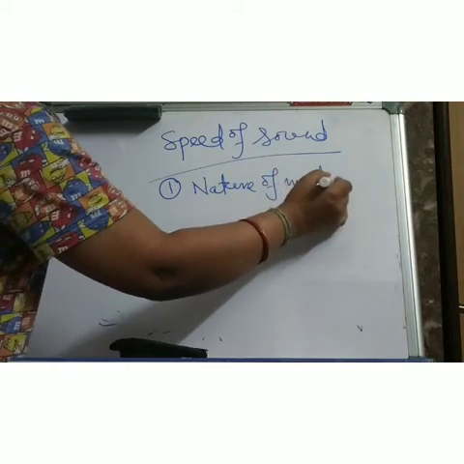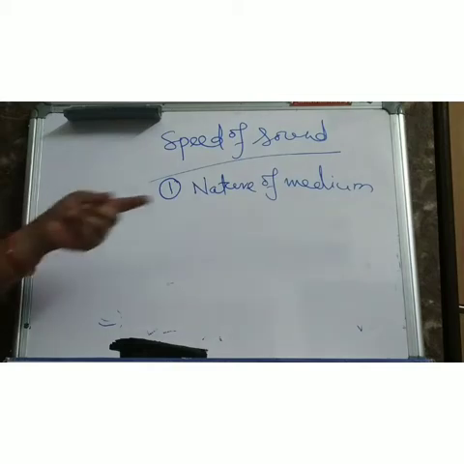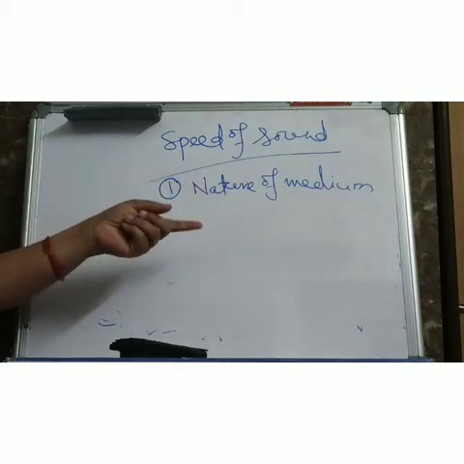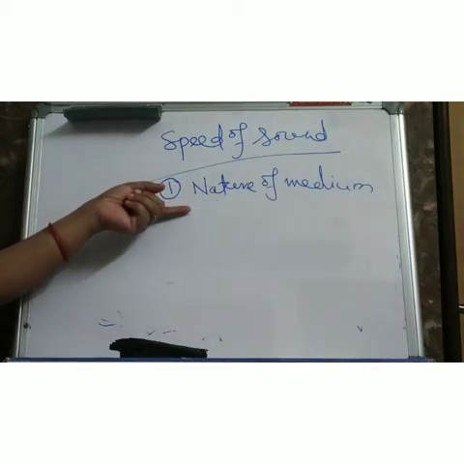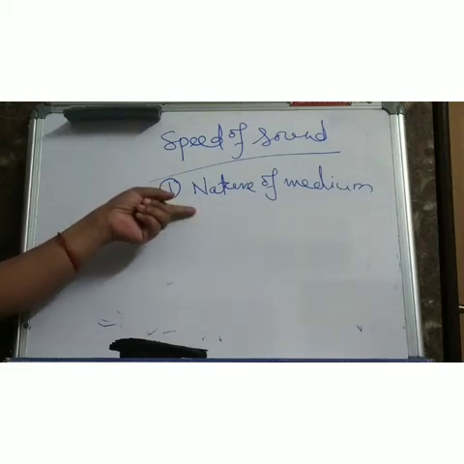That means if you change the medium, the speed will change. Suppose sound is traveling in air, the speed will be different, and the same sound when it travels in water, it will be different.